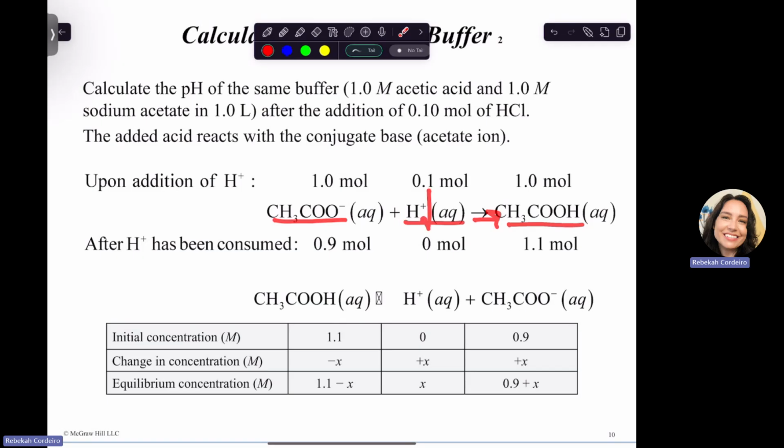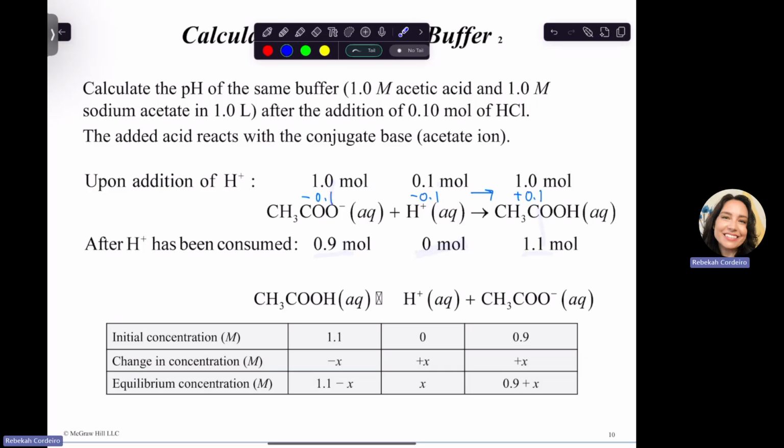So this would subtract 0.1, subtract 0.1, and add 0.1, because we'd be shifting to the right. It's going to be neutralizing. So what do we get? 1 minus 0.1 is 0.9. 0.1 minus 0.1 is, you see, it cancels it out. It totally neutralizes it, and we get 1.1.